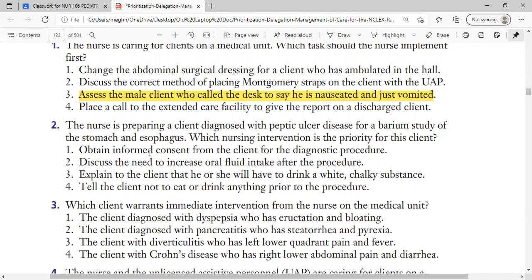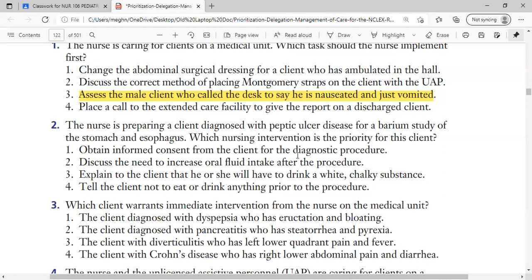Obtain informed consent from the client for the diagnostic procedure. It is important, but why is it not the priority? A barium study of the upper GI is an X-ray procedure and does not require the client to sign an informed consent form.